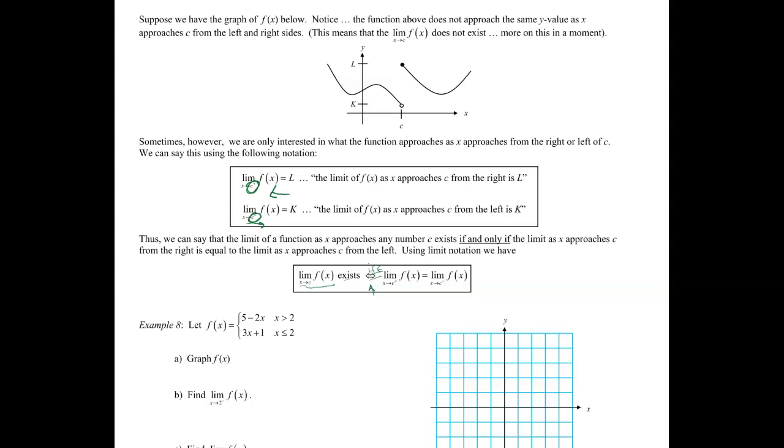The limit as x approaches c from the right of f of x is equal to the limit of f of x as x approaches c from the left. Alright, so that is the shorthand version of that.